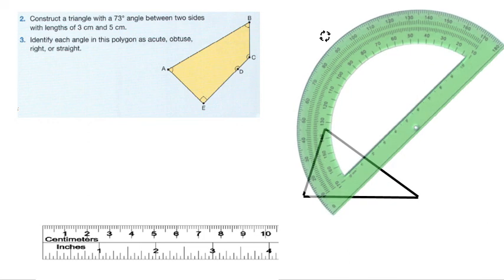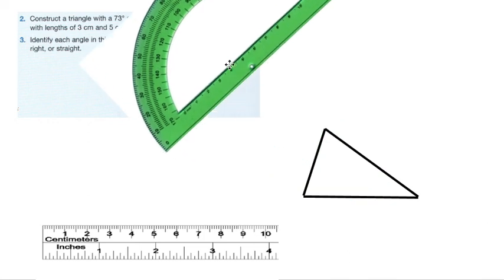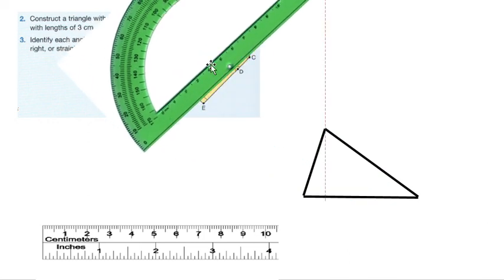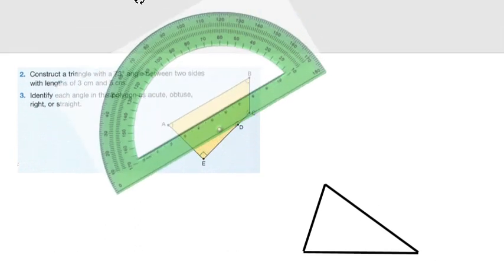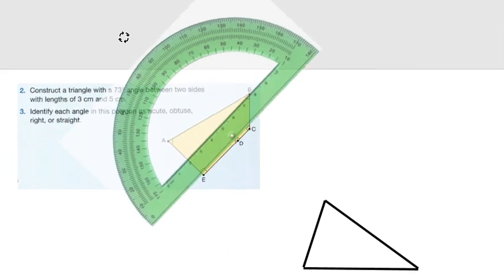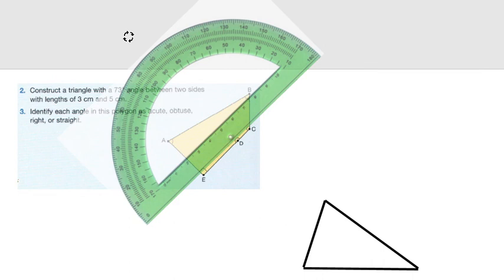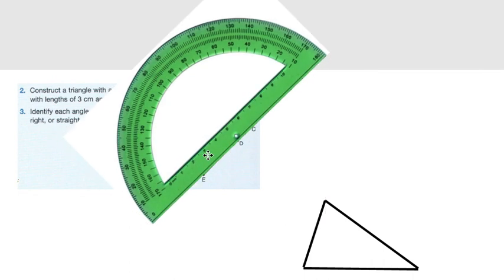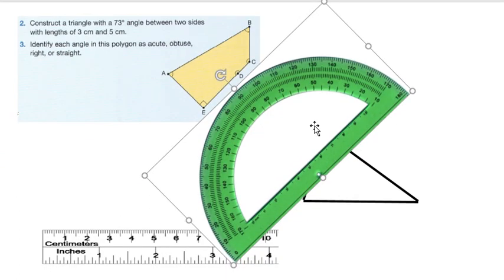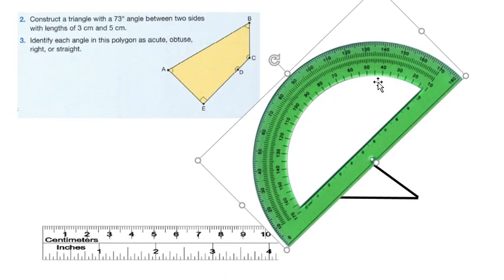We can check that by taking our protractor, and if I can spin it around just right, I can see when I put this down right over top of the D, it's a straight line. So in fact, it is a 180-degree angle.